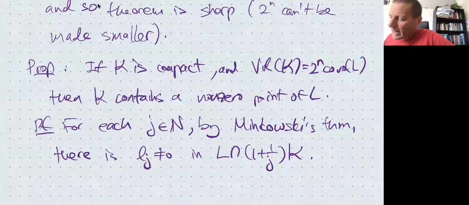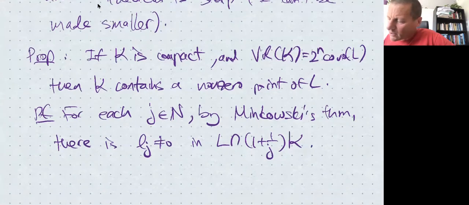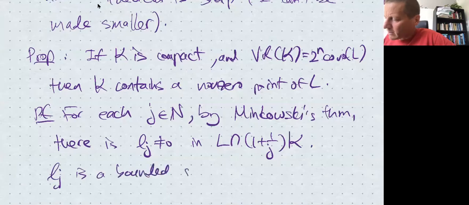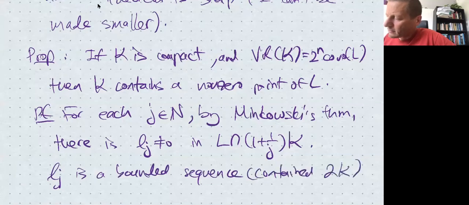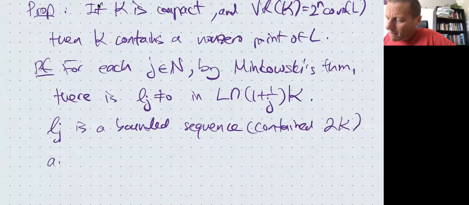And for all of these, this is a sequence that lives in a bounded set. So Lj is a bounded sequence, because it's contained in, for example, 2 times K, and has a convergent subsequence.